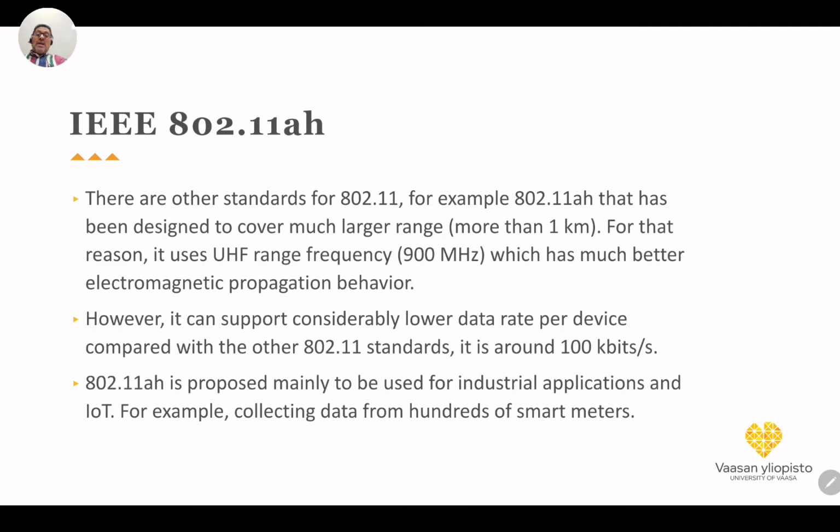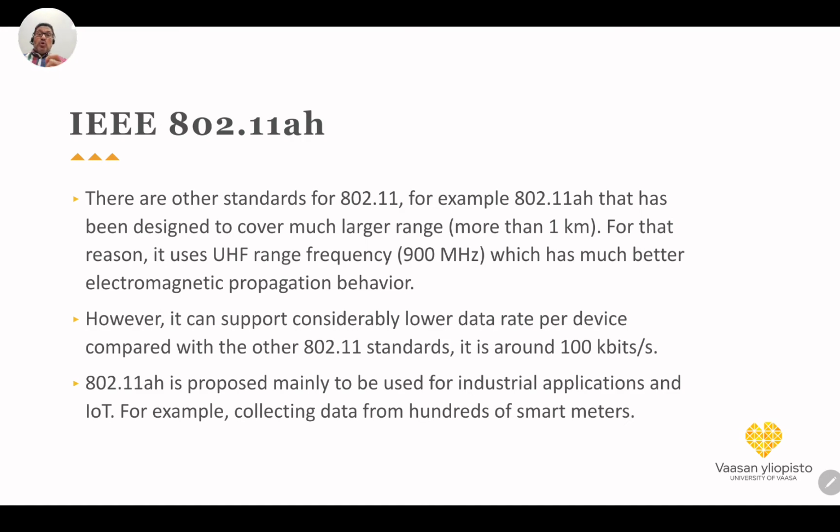And we have 11ah, which uses a lower carrier frequency, around 900 megahertz, to cover a larger range, so it can support more than 1 kilometer. In that sense, it is not really a local area network, but about a wider range, and it is mainly used for reading smart meters and collecting data.